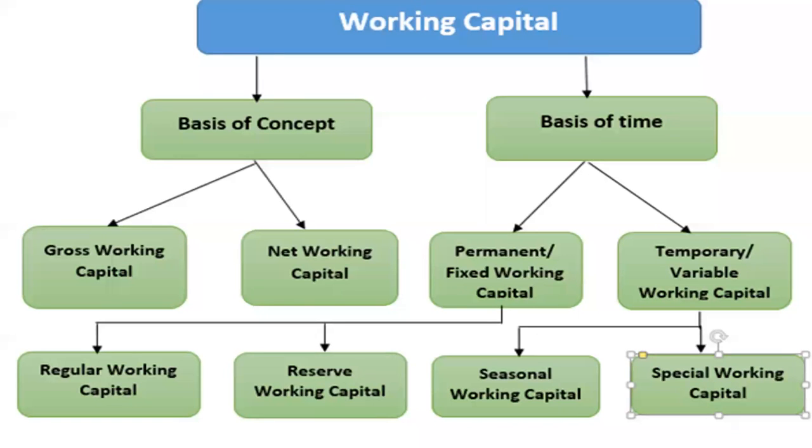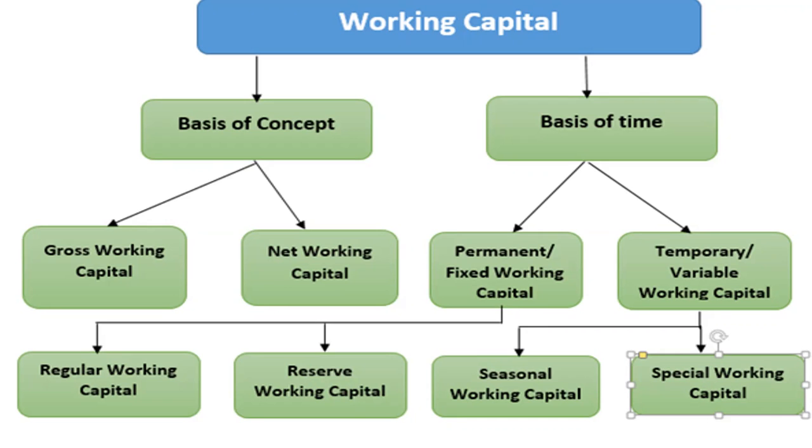Then here comes the classification of working capital. Classification of working capital is important to understand because, although these are very basic things, if any conceptual question is asked from these types, we can easily answer it. On the basis of concept, we have gross working capital and net working capital. Then on the basis of time, we have permanent and temporary working capital.